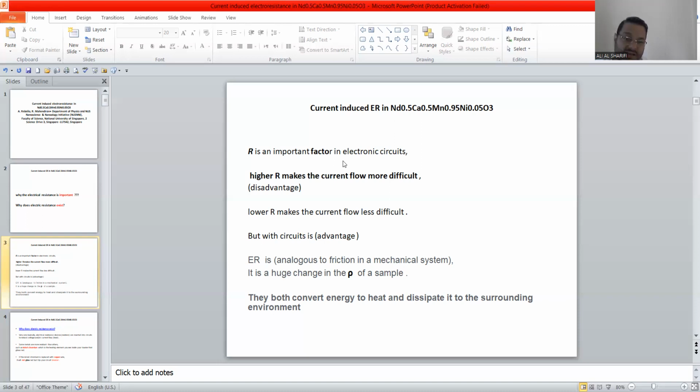Here, lower resistance makes the current flow less difficult, and more resistance makes the current flow more difficult than less resistance. Because of that we use copper, it has a low resistance. We don't have on our planet a material with zero resistance, but we selected the copper with less resistance.